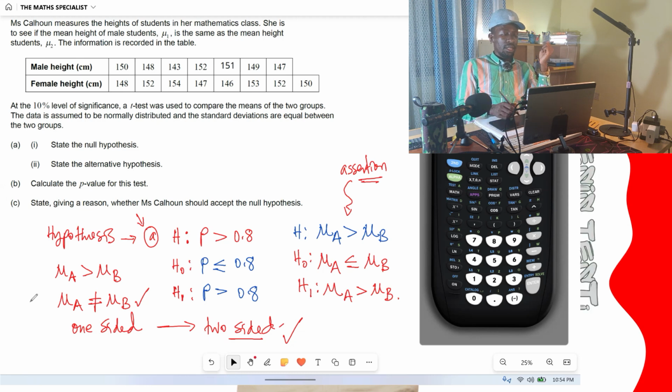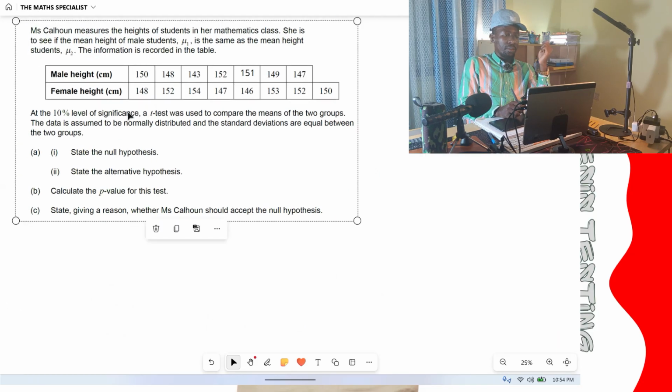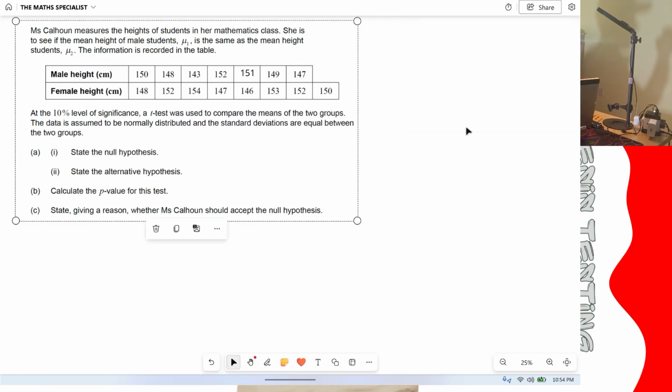So if we go directly to our given problem, it is saying that Miss Calhoun measures the height of students in her mathematics class.